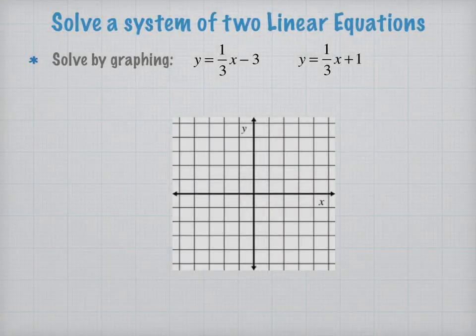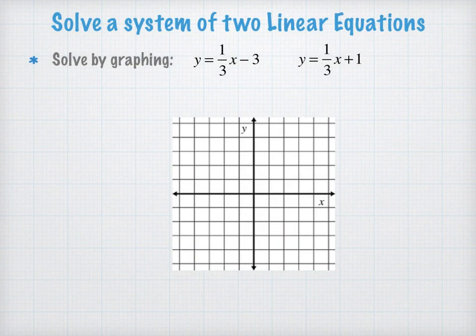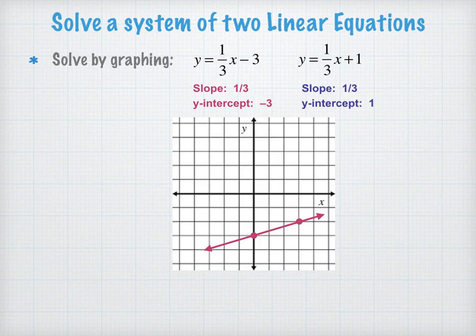We'll try another example, and we're asked to solve this system by graphing. In the first function, the slope is 1/3 and the y-intercept is -3. In the second function, the slope is also 1/3, the y-intercept is 1.